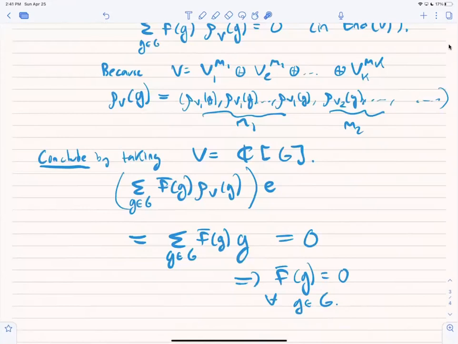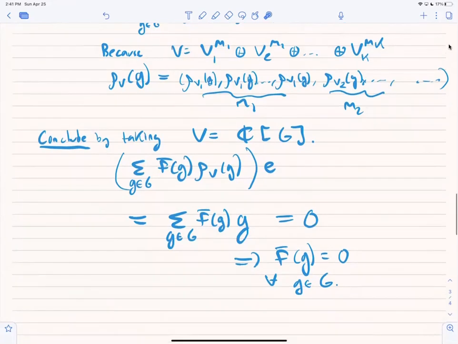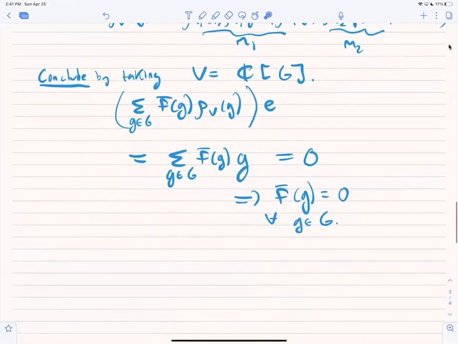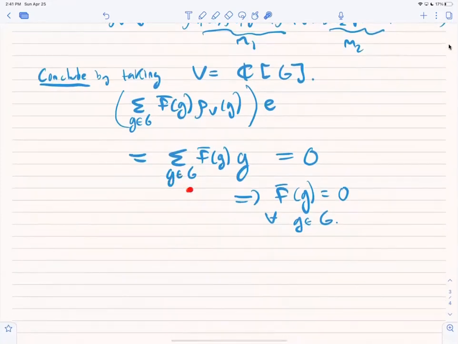And then to finish, we just apply that to the regular representation. So you take this endomorphism, you apply it to just the identity element, so 1 times the identity element of the regular representation. Well, you just get the sum over all the elements g of G of f bar of g times g.